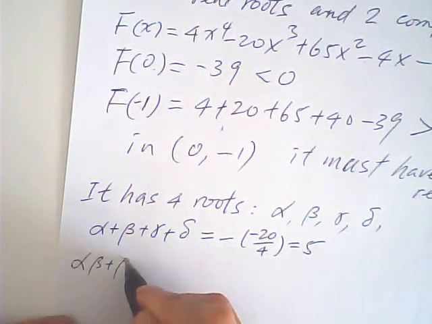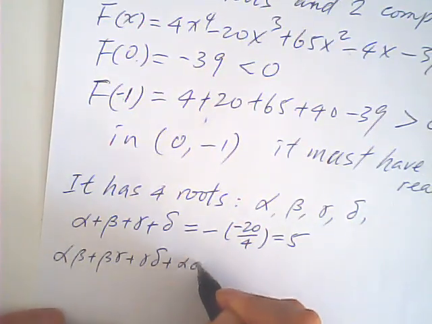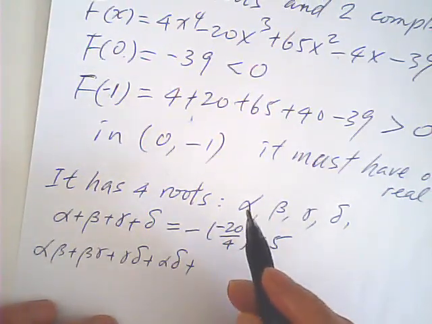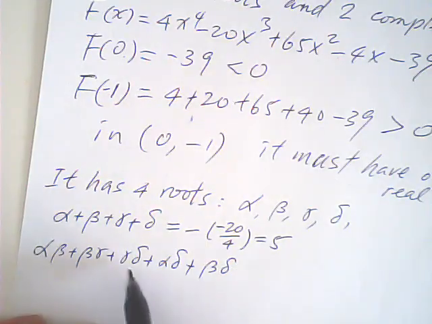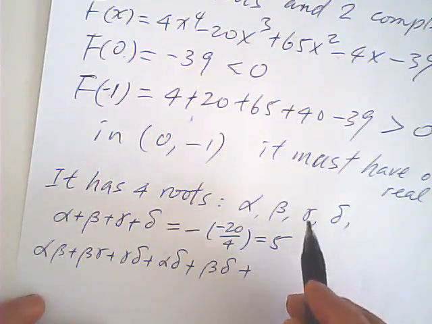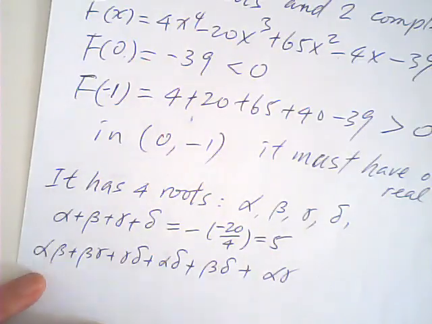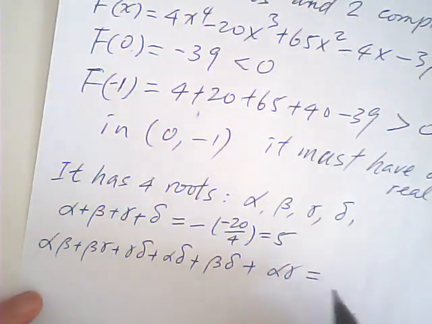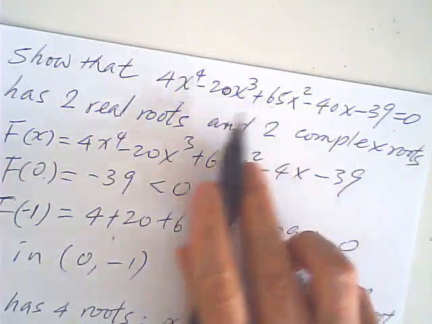And also alpha beta plus beta gamma plus gamma delta plus alpha delta plus beta delta plus alpha gamma is equal to 65 over 4.